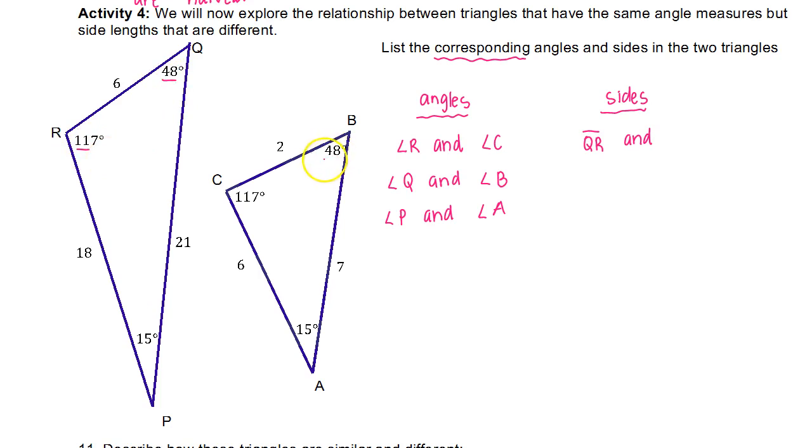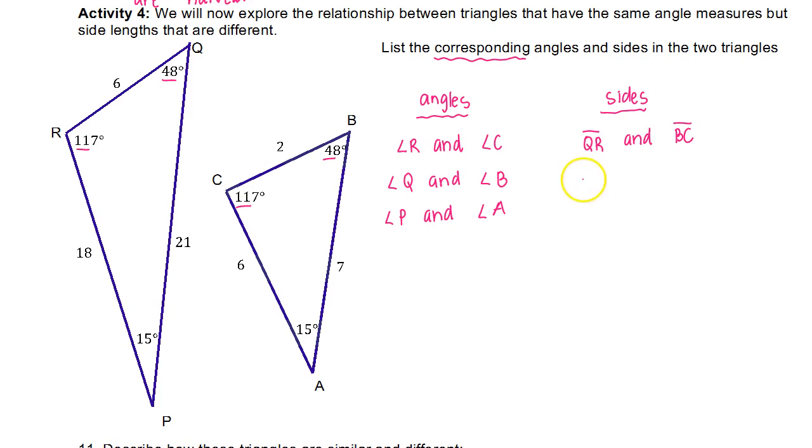So in the smaller triangle, from 48 degrees to 117 degrees, just to help me navigate, would be side BC. And I want to make sure that I have the letters in the same order. So QR and BC, corresponding sides.